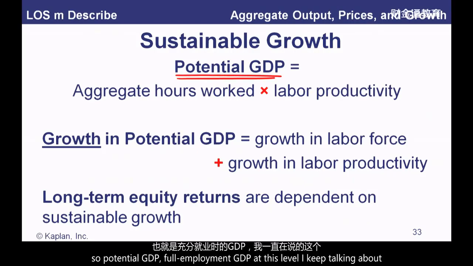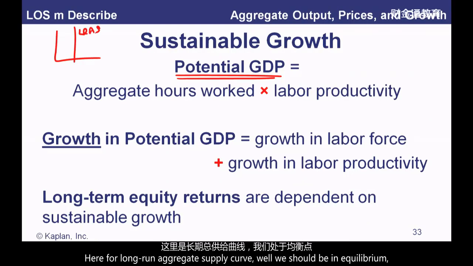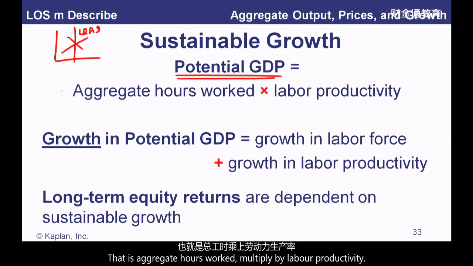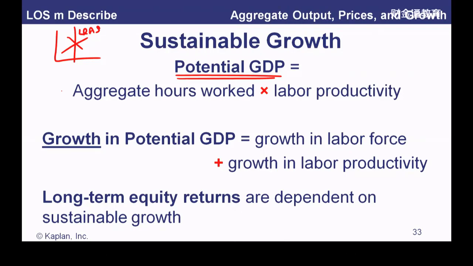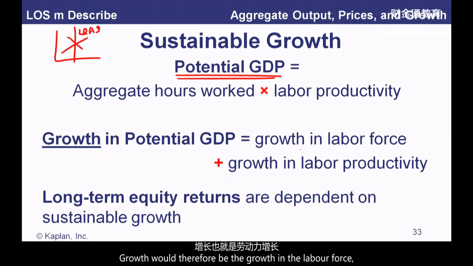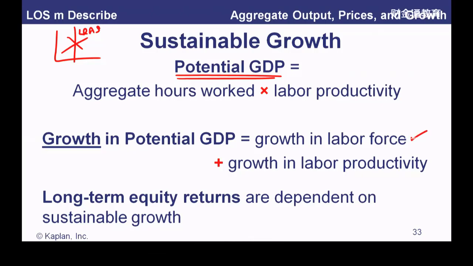So potential GDP, full employment GDP, this level that I keep talking about for the long run aggregate supply curve, where we should be in equilibrium. That is aggregate hours worked multiplied by labor productivity. Growth will therefore be the growth in the labor force plus the growth in productivity. Where does this come from? Levels of capital and technology.